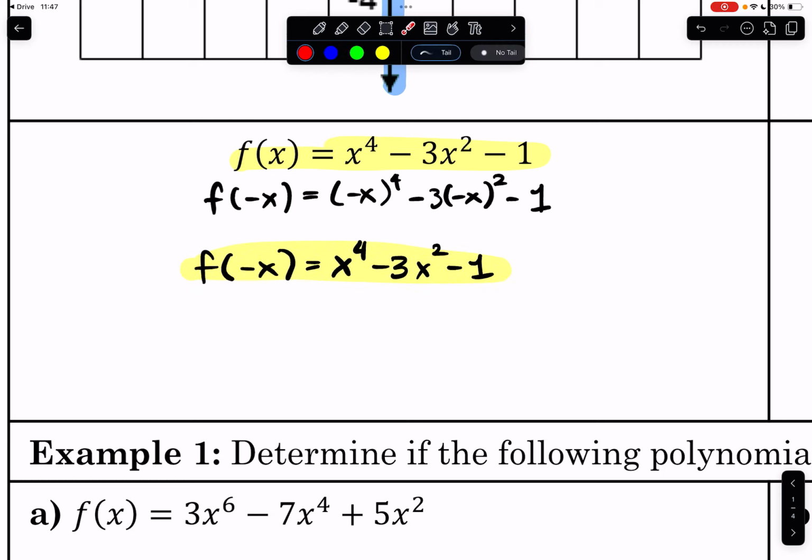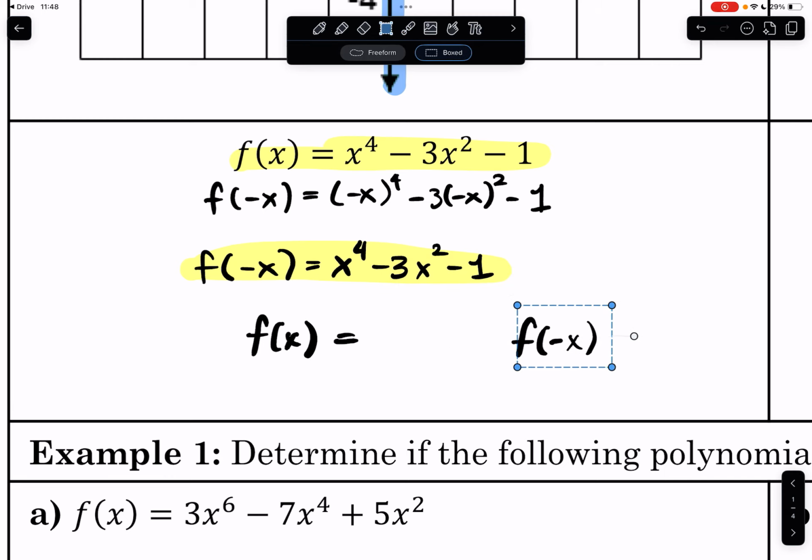Since those two equations are the same, this means that f of x equals this bottom equation, and this bottom equation is f of -x. Stating that if I plug in any number for x, positive or negative, and that's going to give me a y value, then plugging in the opposite of whatever this number was, it's going to give me the exact same y value.